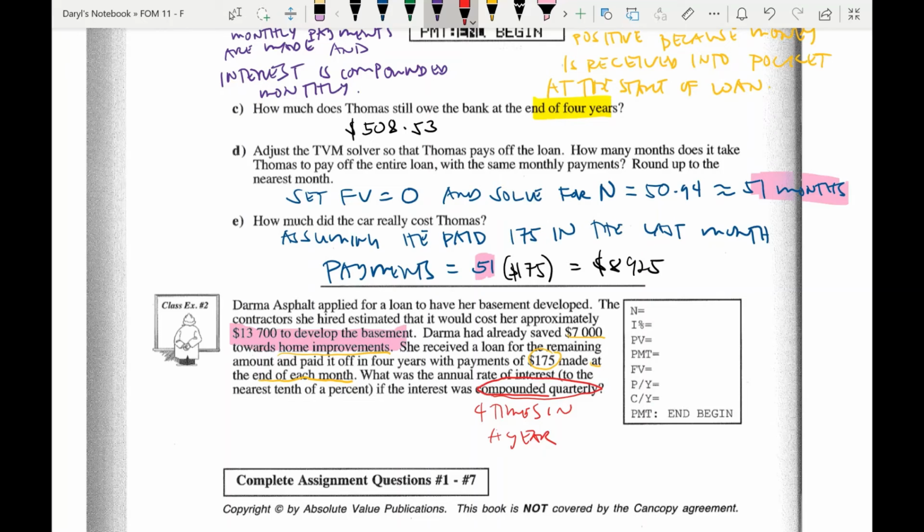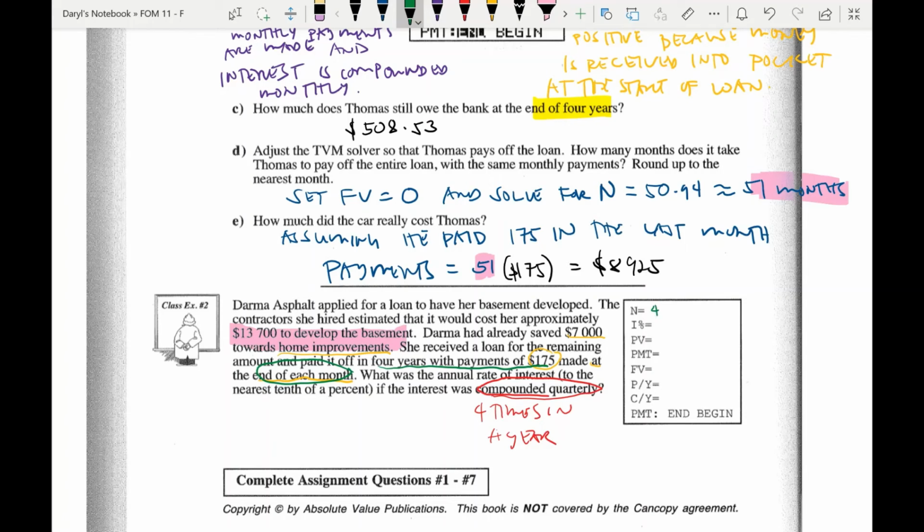so in 4 years, and he paid monthly. That means the payments are made every month in 4 years.